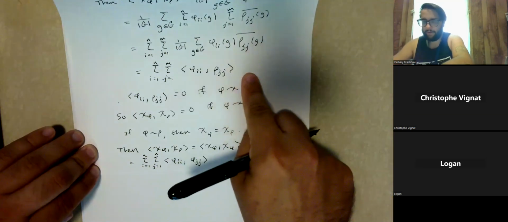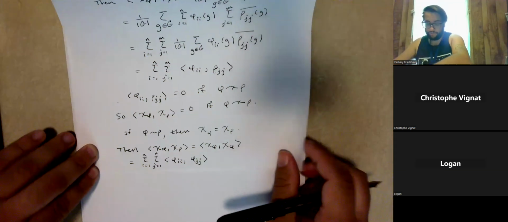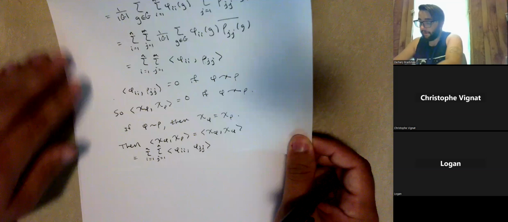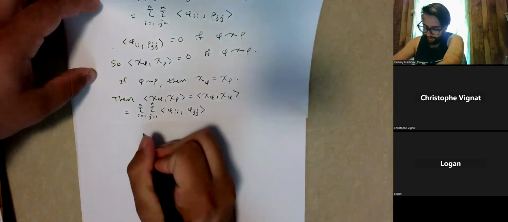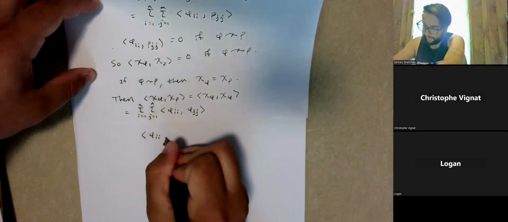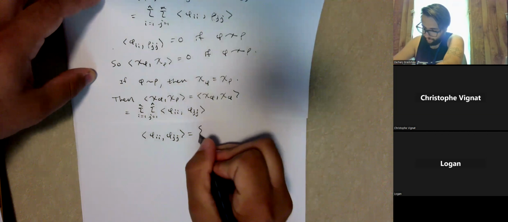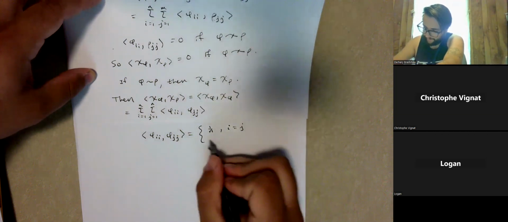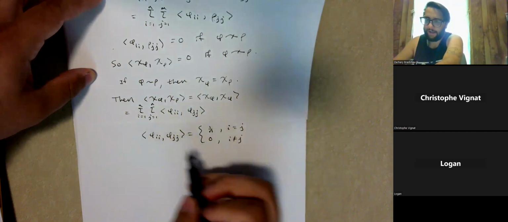I'm just pulling this from here. And we again use Schur's orthogonality relations. So when the representations are the same, the orthogonality relations say that the inner product of phi_i, phi_j is equal to 1 over n where i equals j, and 0 otherwise. So remember that n is the degree of phi.